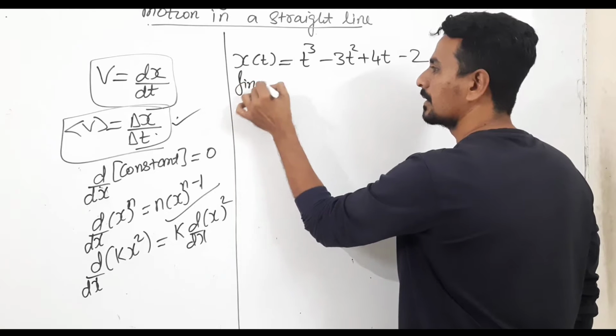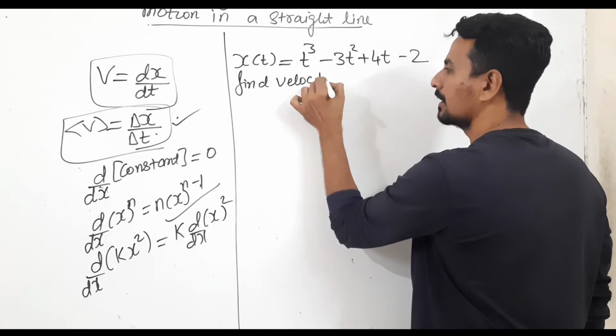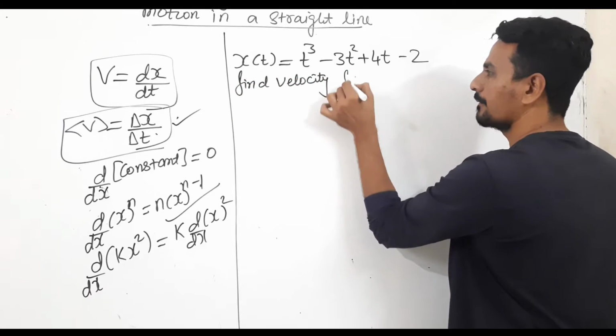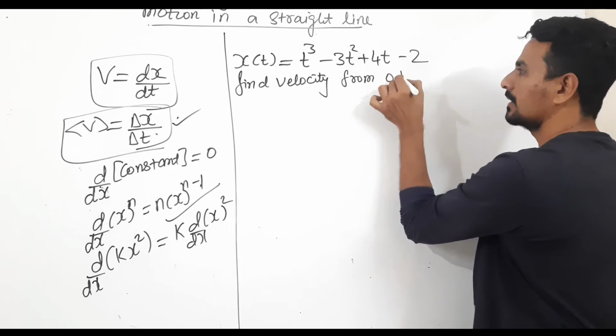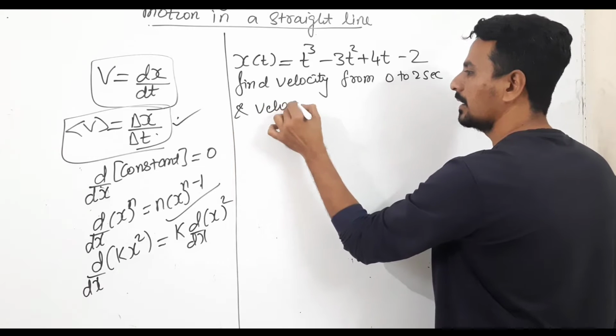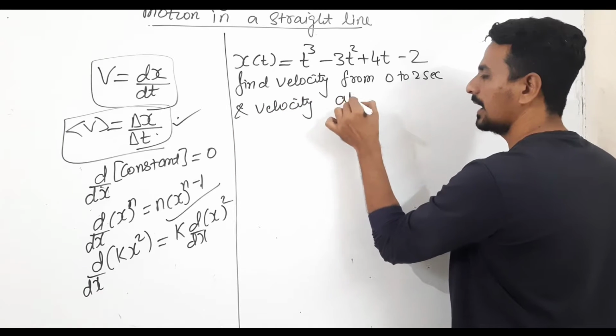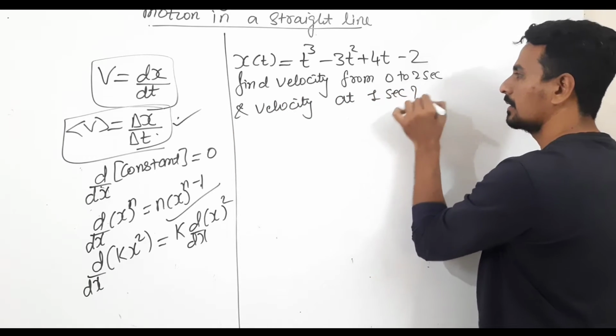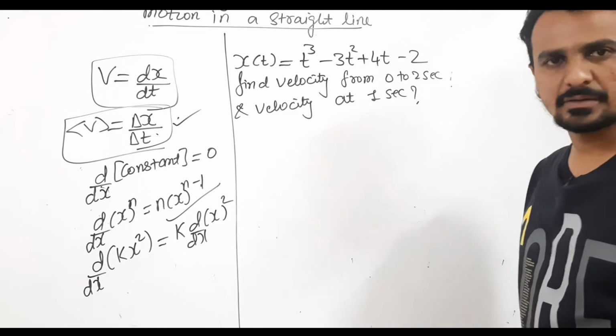Find the velocity from 0 to 2 seconds and the velocity at 1 second. This is the question, right?